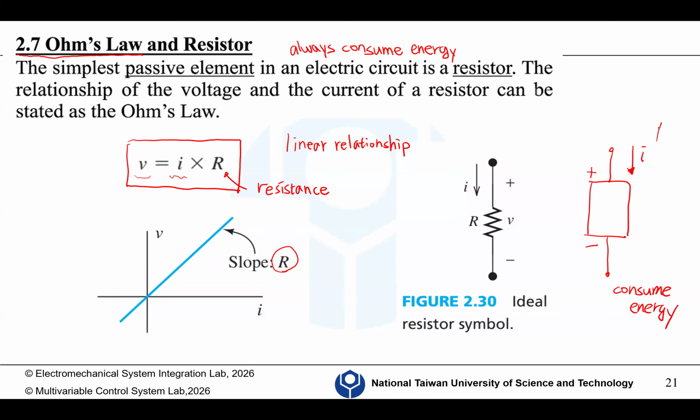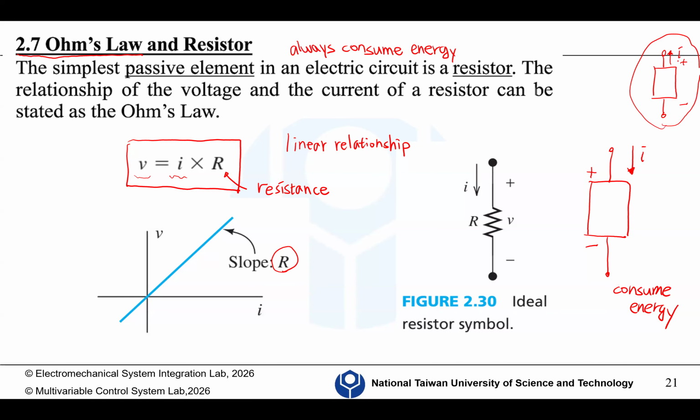In the opposite case, if the current flows out of the positive terminal and into the negative, then this is an active element, and it could be a power source, a current source or a voltage source.